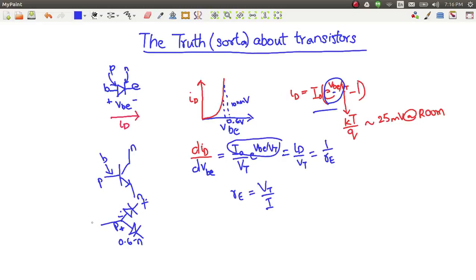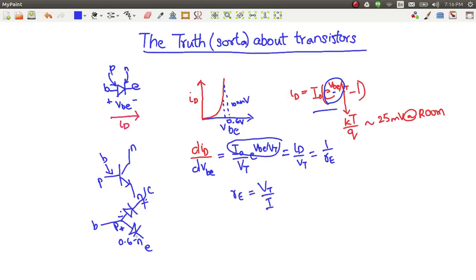So this is the base, this is the emitter, and that's the collector. Just so we remember, the base is always higher than the emitter if it's functioning in the normal way, and the collector, in a bipolar transistor, can be just above the base, and that's enough.